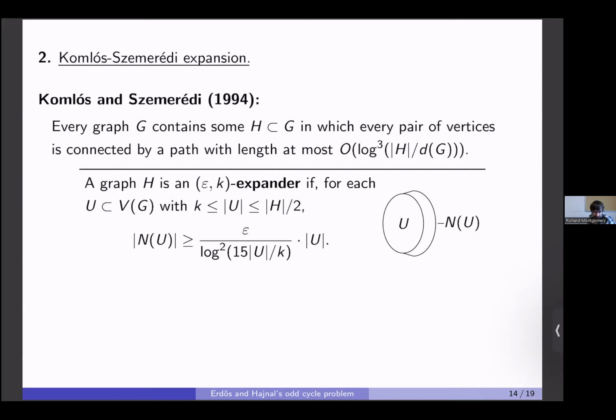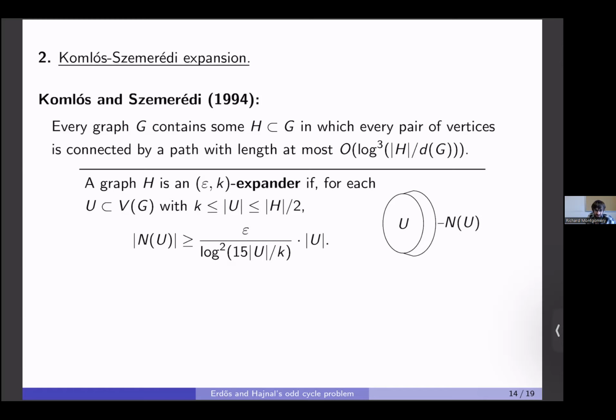What we want to say is that a graph is an expander if for every set of vertices U, which is neither too small or too big, if we look at the external neighborhood N of U, the set of vertices which have some neighbor within U but aren't in U, then the size of that neighborhood must not be too small. And there are lots of really nice expansion properties which you can use to prove things.